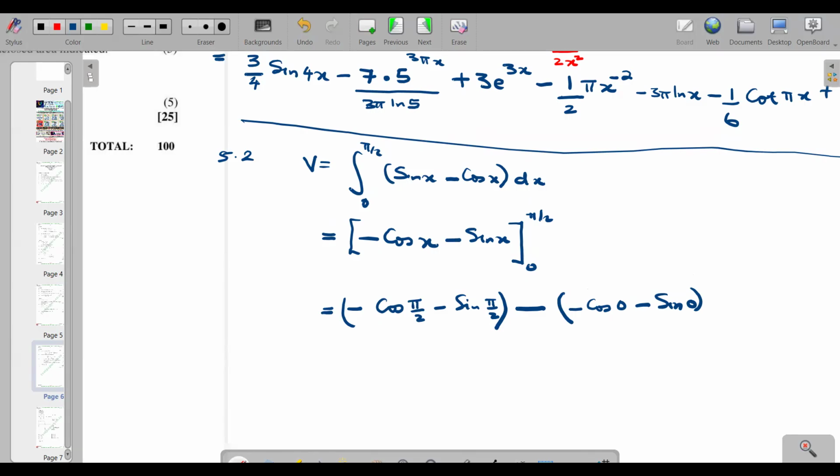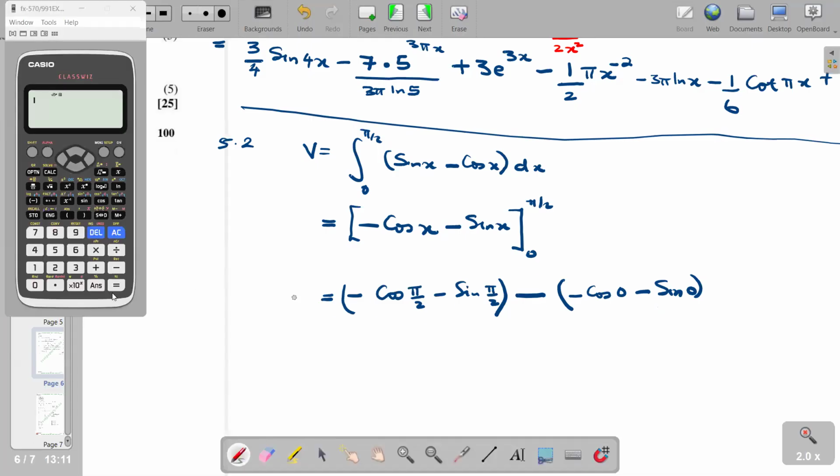Taking our calculator, we are going to substitute that. So it's going to be open bracket. Always make sure that your calculator is in radians. The calculator must be in radians.